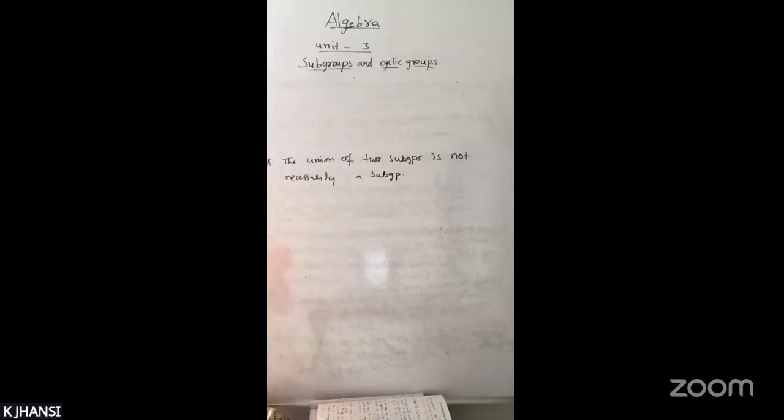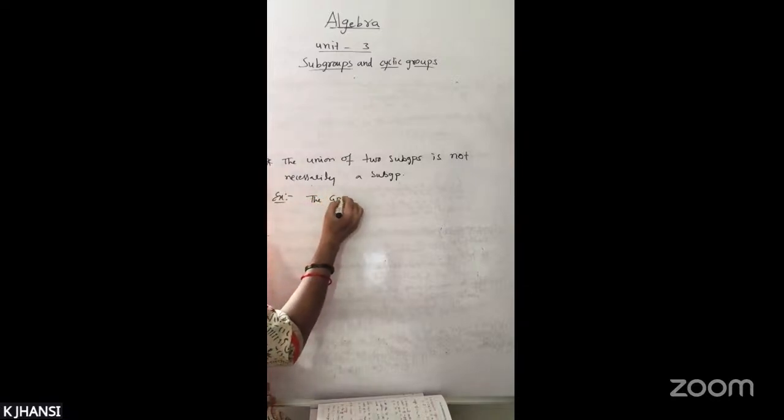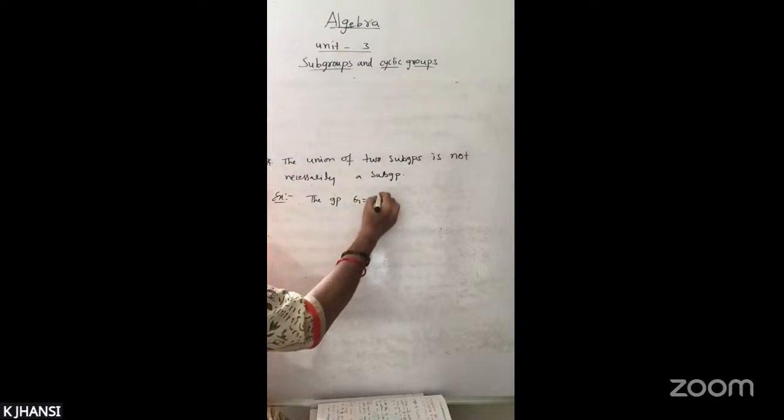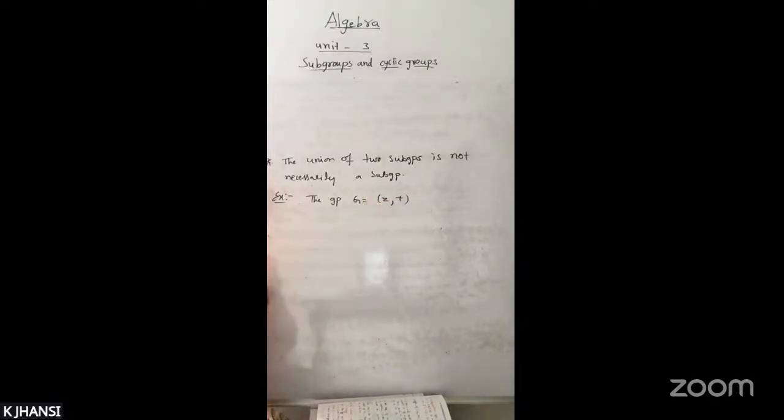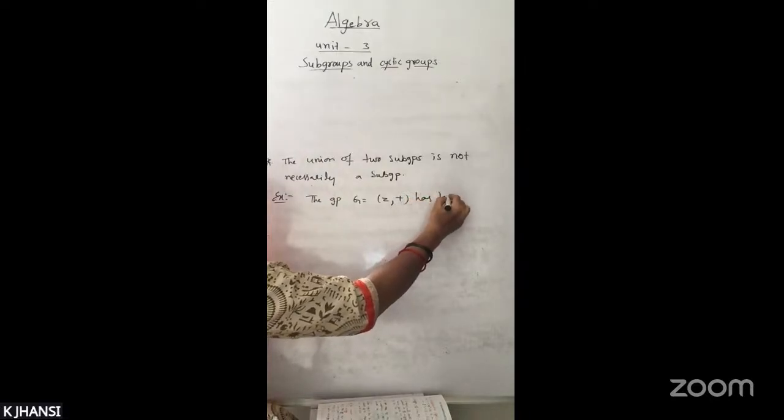We take one group G, the group Z comma plus, that is, integers with respect to the operation plus, which has two subgroups.